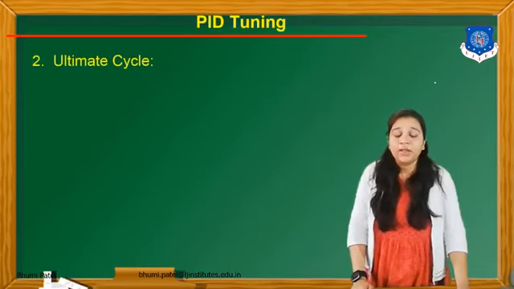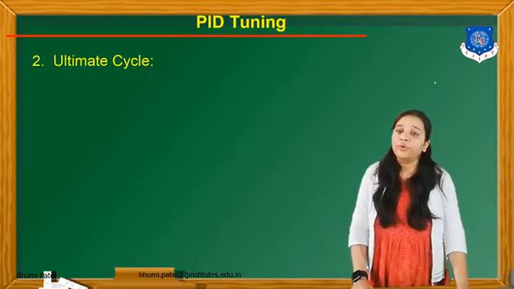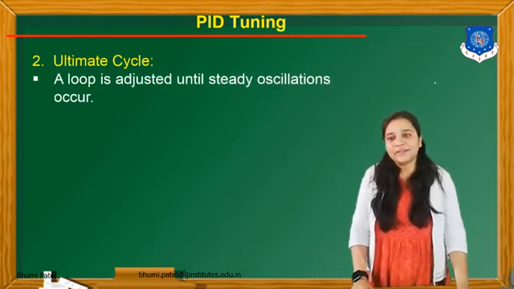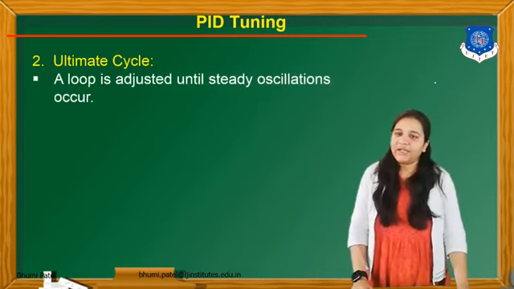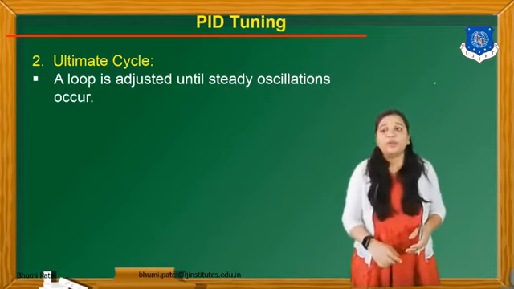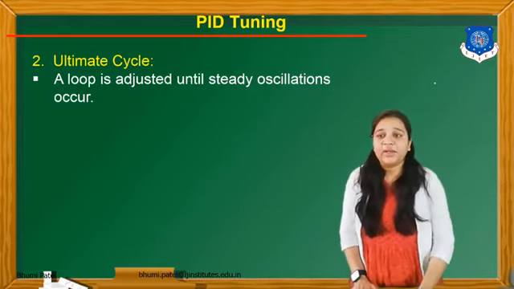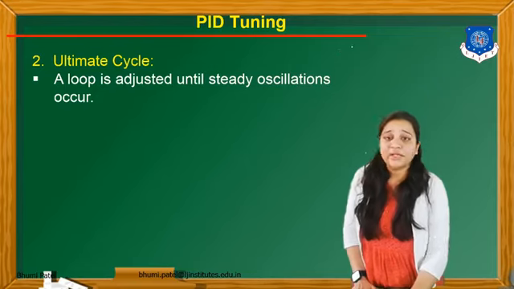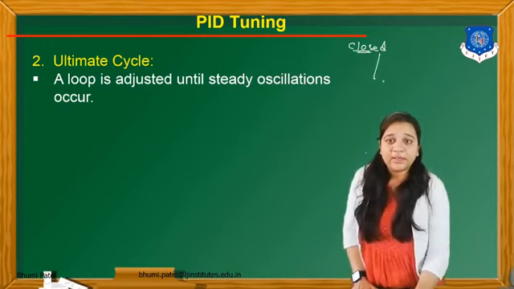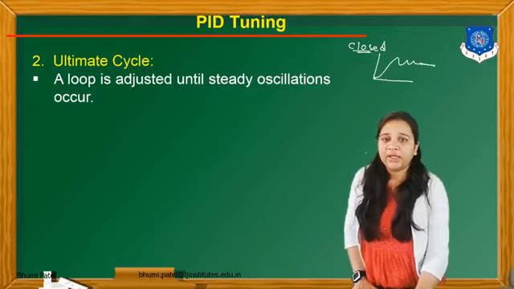Now the second method to use for the PID tuning is the ultimate cycle. A loop is adjusted until the steady oscillation occurs. So the first thing that you have to remember, in the ultimate cycle we have to compulsory use a closed loop system, and we have to adjust this closed loop system until we can get this type of steady response.